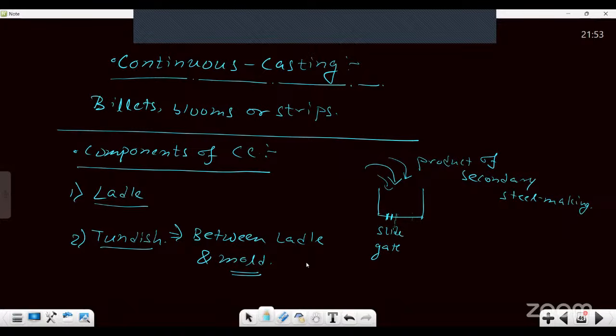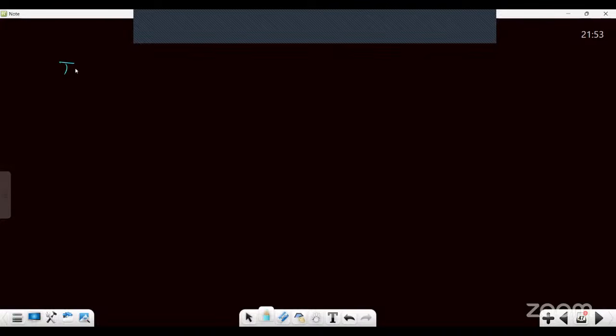It maintains a constant head and supplies steel continuously and uniformly into the mold. That is the main work of the tundish. It supplies uninterrupted melt into the mold.